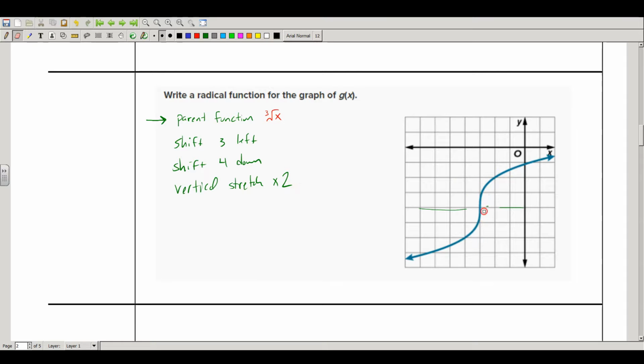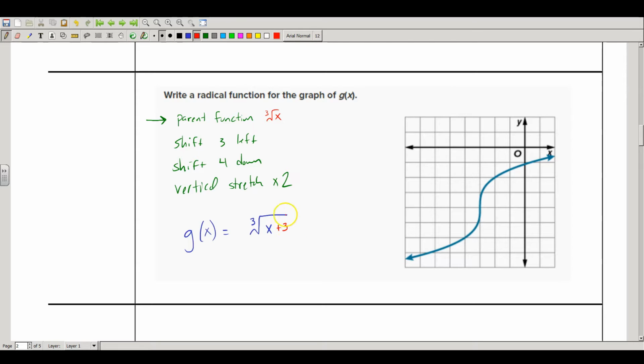Okay, so look at the graph, gather the clues that you have here, and then we just put it together. We're going to write a function and call it g of x. I know that there is a shift to the left 3, so this is going to be a cube root of x, and since it's going to the left, I'm going to say plus 3.